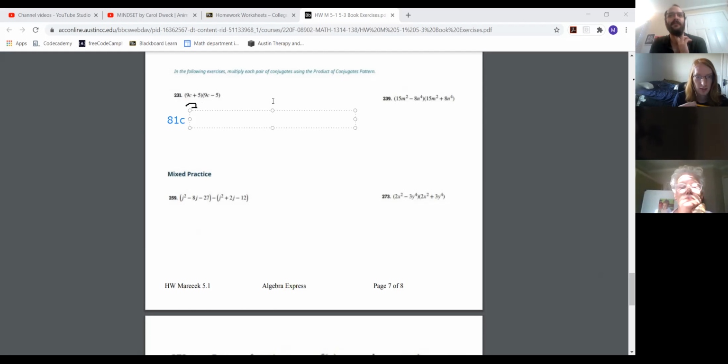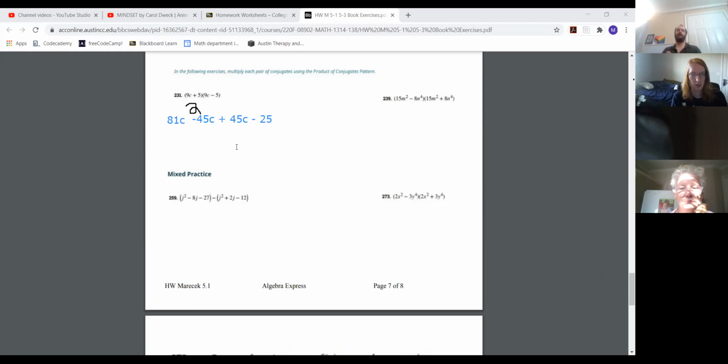And the next thing we have there is going to look like what? 9c times minus 5 is going to give us negative 45, and it's got a c attached to it. The next thing is a 5 and a 9c, which gives us positive 45c. And the last thing we see there is plus 5 and minus 5, negative 25. Should be minus 25.